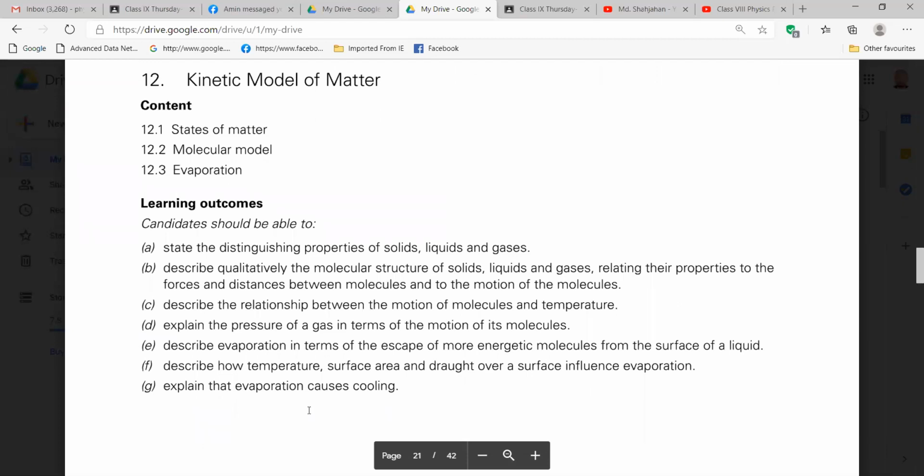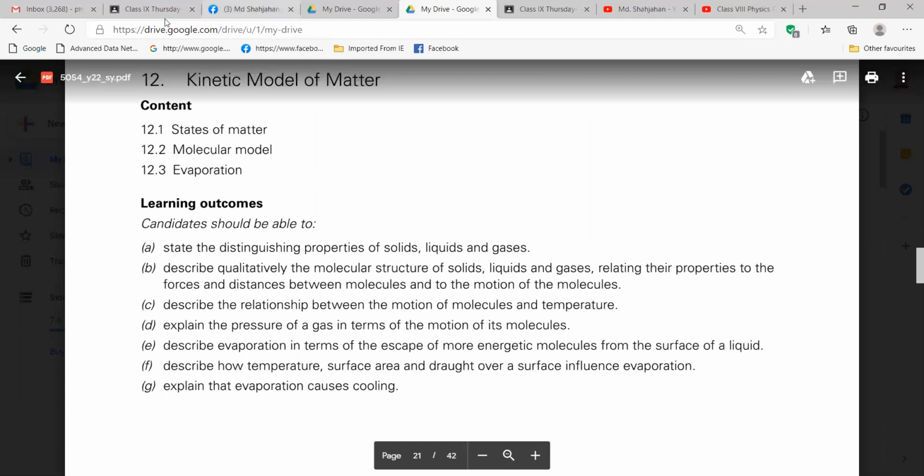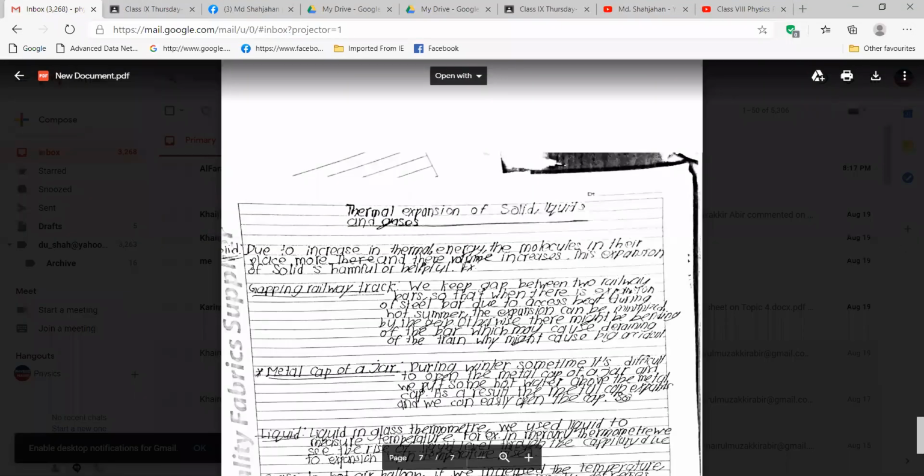Also, you know how evaporation causes cooling. From the daily life example, we made you understand. Is it clear? Now, check in your notes that these are available or not. The distinguishing properties of solids, liquids, gases. I told you. Check it there.